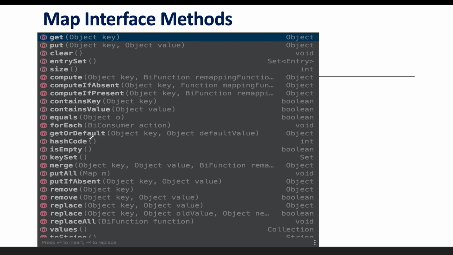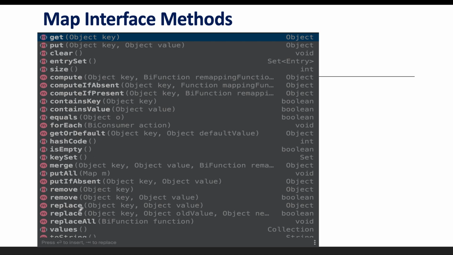Similar to that, there is the hash code method, and is empty, when we want to check whether the map is empty or not. Key set: similar to entry set, there is the key set method that we have discussed, when we want to get all the keys available inside the map.